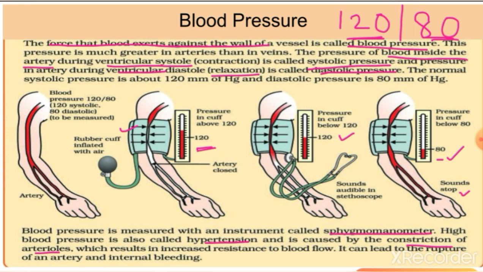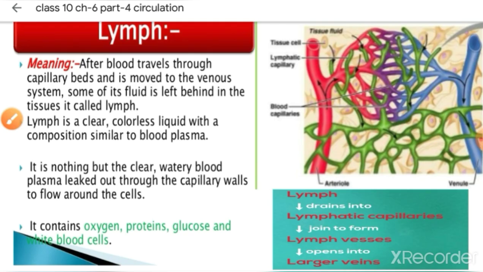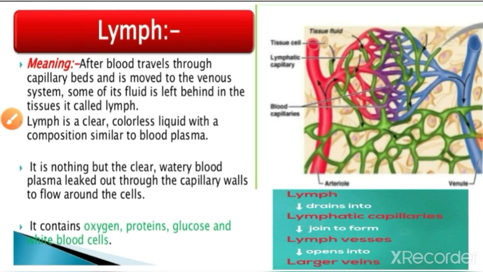If this pressure increases to 180 or 200 or more, then it could be very dangerous, because it could start internal bleeding or could rupture the arteries. So this is why this high blood pressure situation is very, very complicated and dangerous.